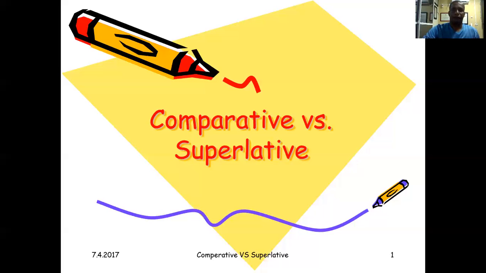When the adjectives are longer, with more than two syllables, you must write "more." For example, important, more important. Expensive, more expensive. There are some irregular adjectives. For example, good. The comparative for good is better; bad, worse; little, less; much, more; far, farther.